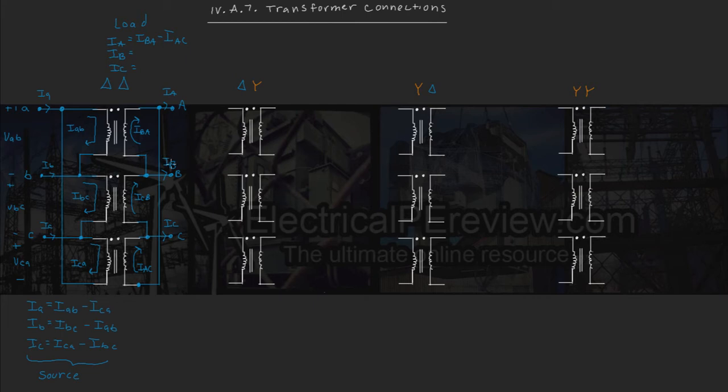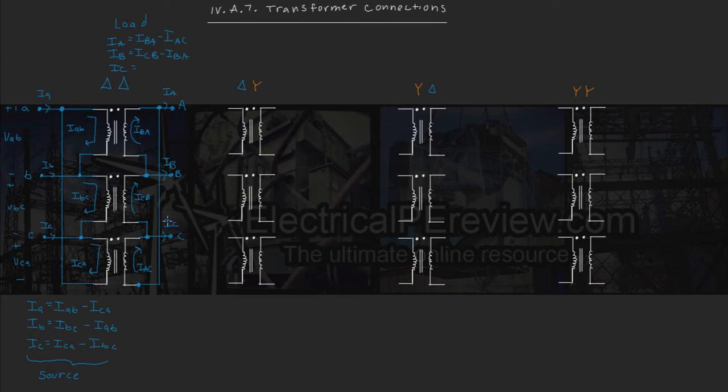Next for our load line current IB, we're going to have IB leaving the node is equal to ICB entering the node minus IBA leaving the load. So we've got IB equals I capital CB minus I capital BA.